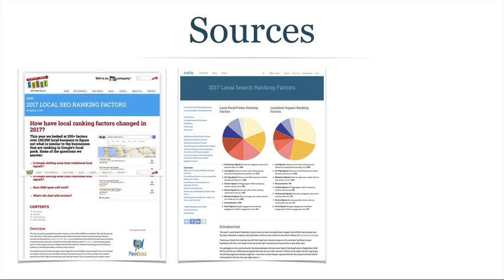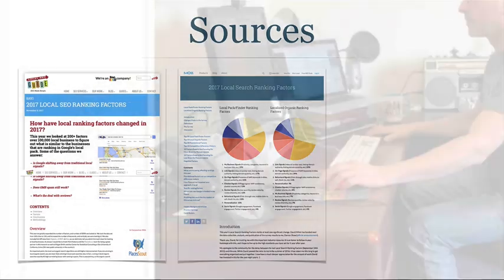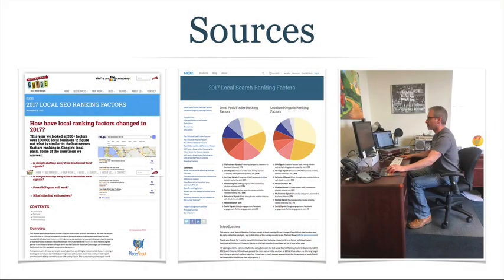This was more based on some of the local SEO experts, and they did a survey of some of the top ones in the industry, and they pulled in these results. And then lastly, just some elbow grease. The bottom line is here at Flyte, we spend a lot of time thinking about local businesses. We optimize for SEO for a lot of local businesses, so it's something that we've got some experience in as well. But I definitely tapped into some of the experts as well when putting together this presentation.